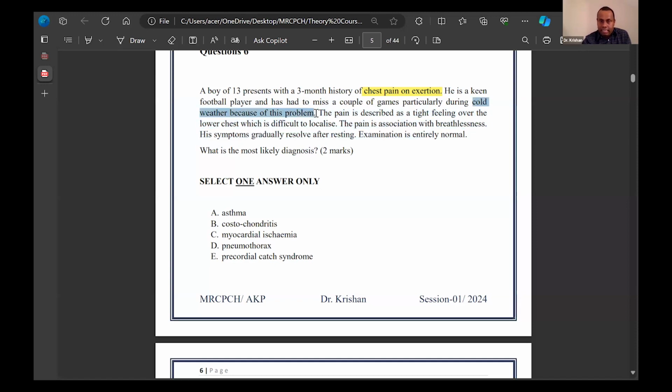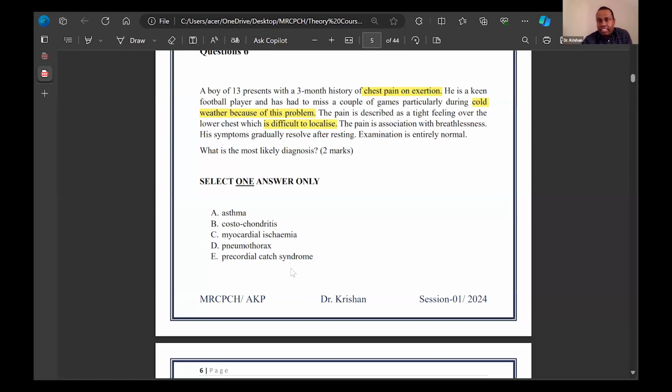So probably the condition is getting more severe during winter months, cold weather. And there is tightening pain. It is difficult to localize, which means it is likely to be a generalized pain, right? Generalized pain associated with breathlessness. So what could be this type?